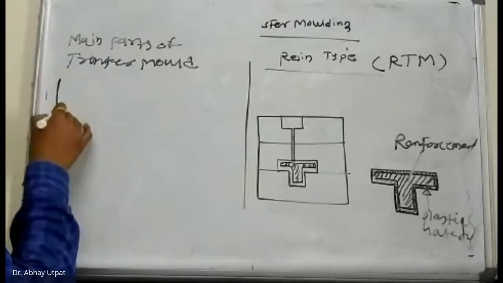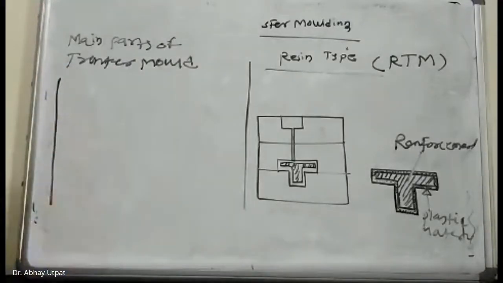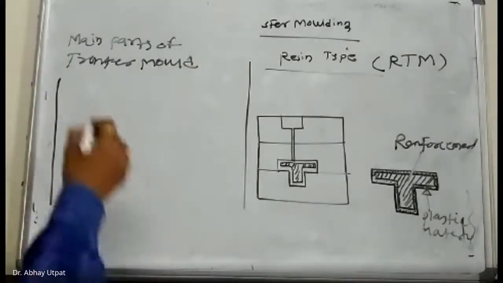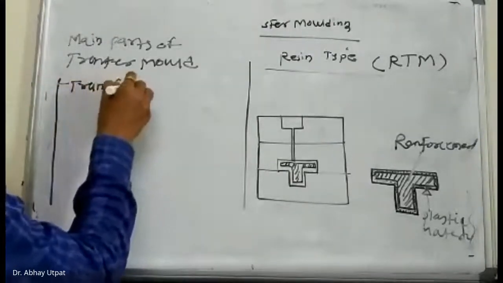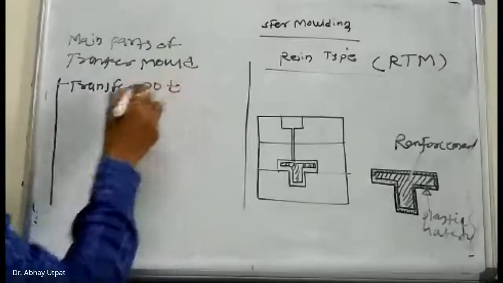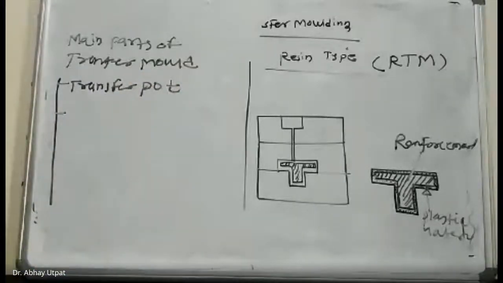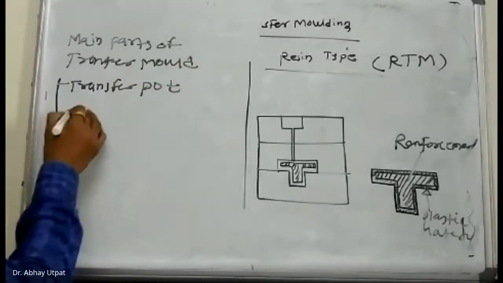Which are the main parts of transfer mold? One by one you can write. Transfer pot. Then second is plunger.